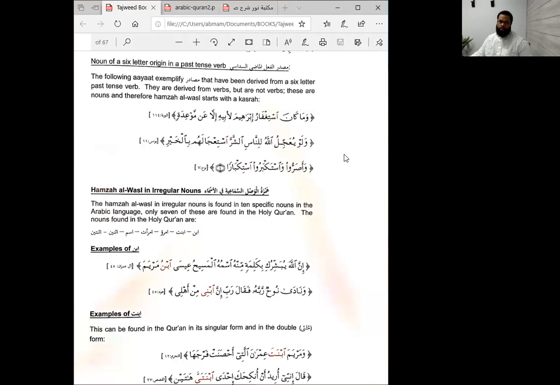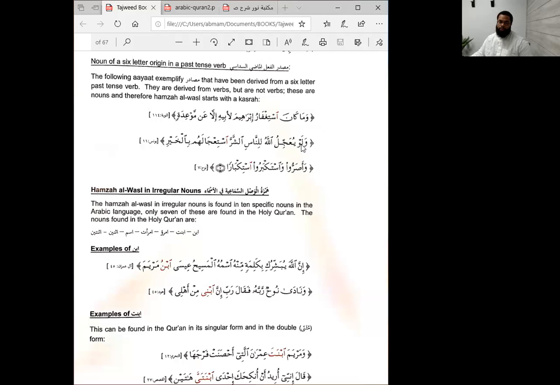So yesterday we covered the Hamzatul Wasl in nouns, and basically there are two kinds of nouns. The first kind of noun is a regular noun, a noun that is derived from a verb.